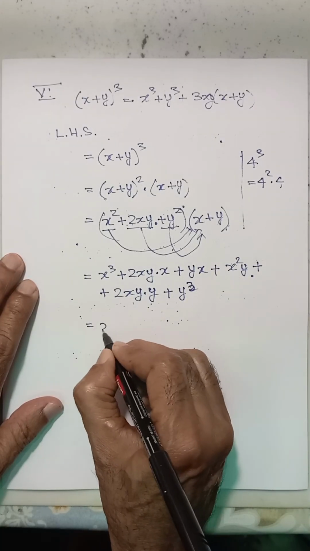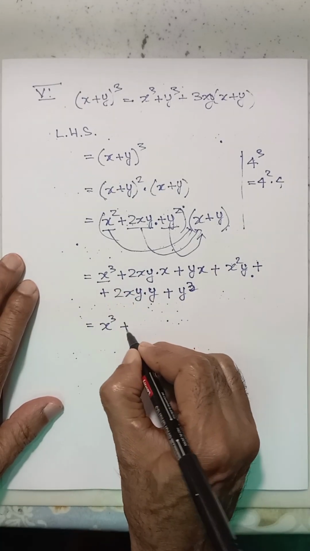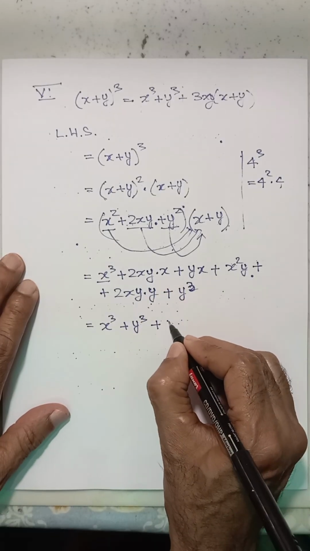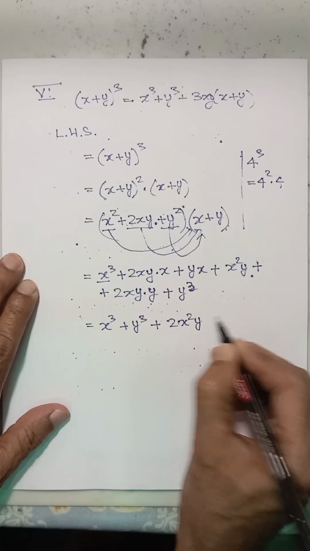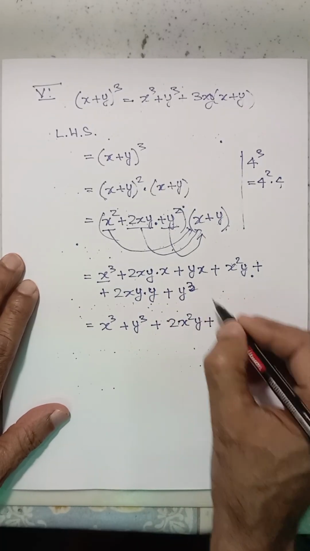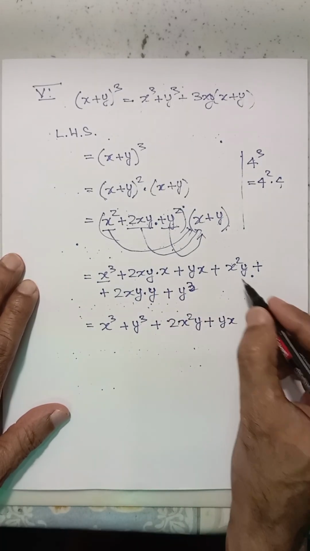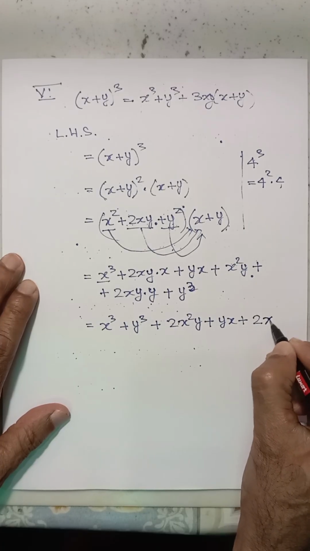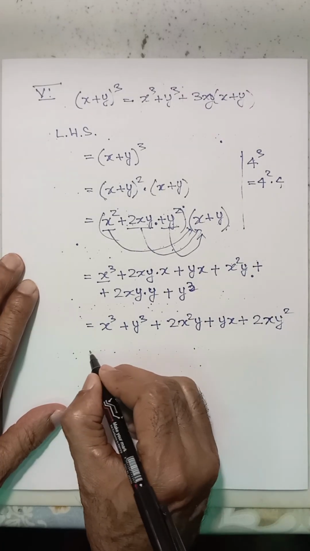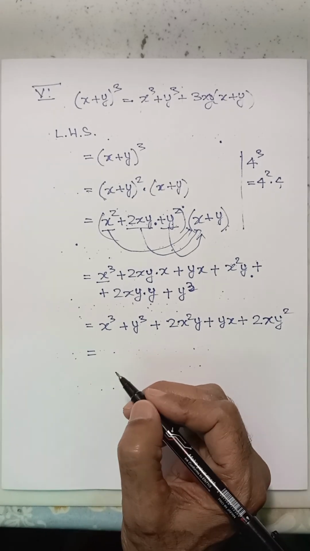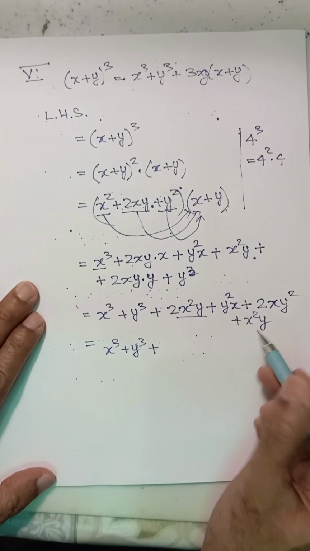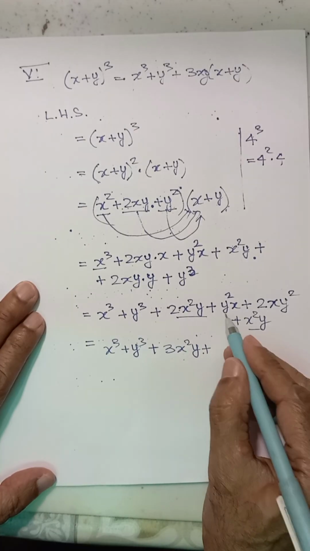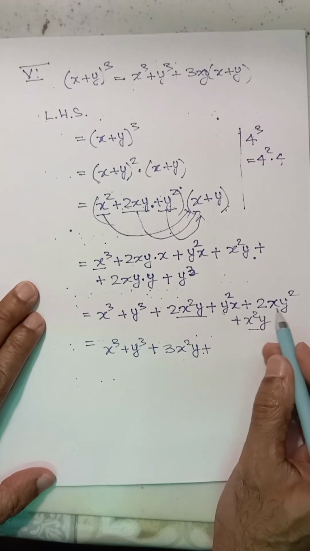This will be equal to x³, let us arrange, plus y³ plus 2x²y, plus y²x plus 2xy². This will be equal to 2x²y, and x²y will become 3x²y, plus y²x plus 2xy² will become 3xy².